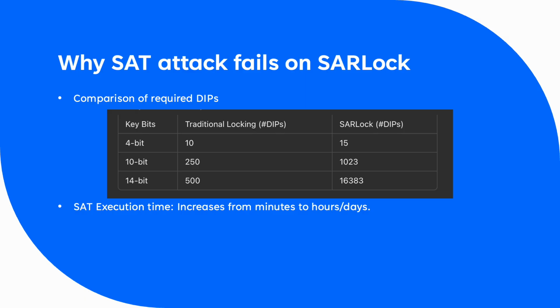For example, if there are 64 key bits, the attacker would need 2 to the power of 64 DIPs, which is computationally infeasible. As a result, the SAT attack execution time increases from minutes to hours or even days, effectively rendering the attacks useless. This is a significant improvement in security, as it makes the attack impractical for real world scenarios.